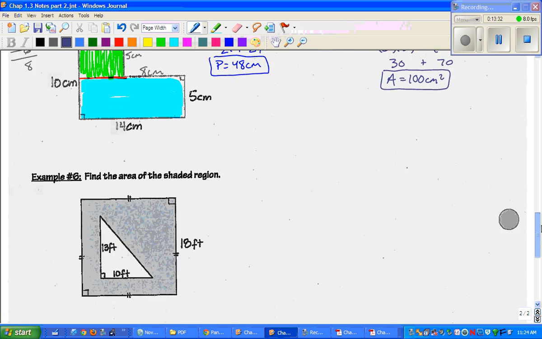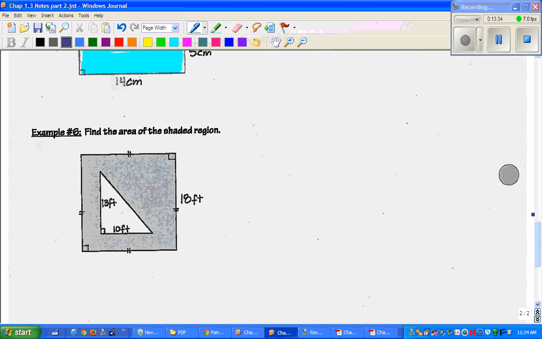All right, the last one. Find the area of the shaded region. So the area of the shaded region is, we've got this big square. But inside the square is this triangle. And the triangle's not shaded in.